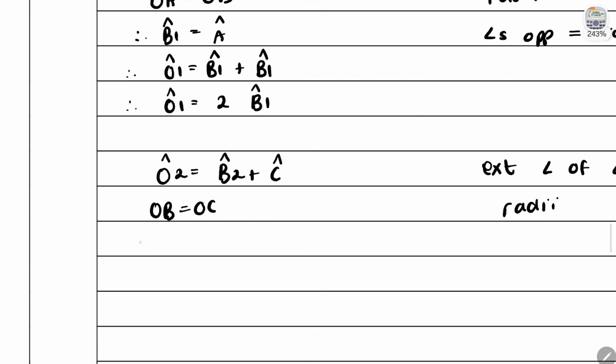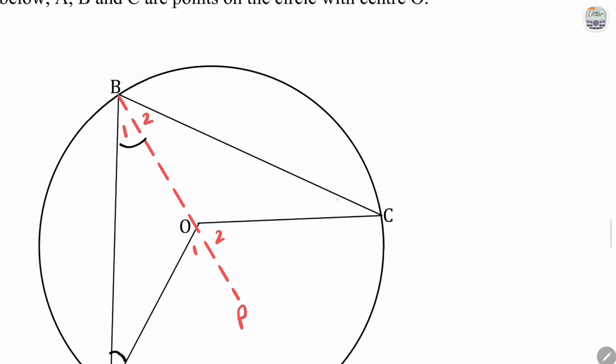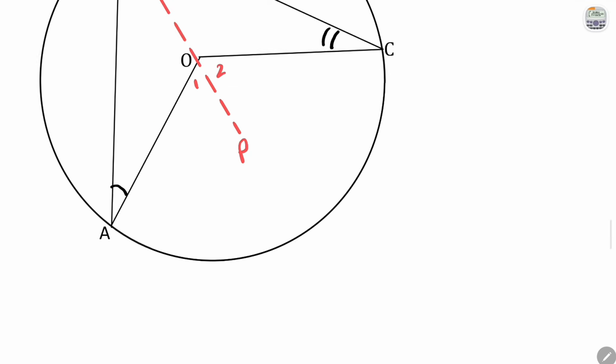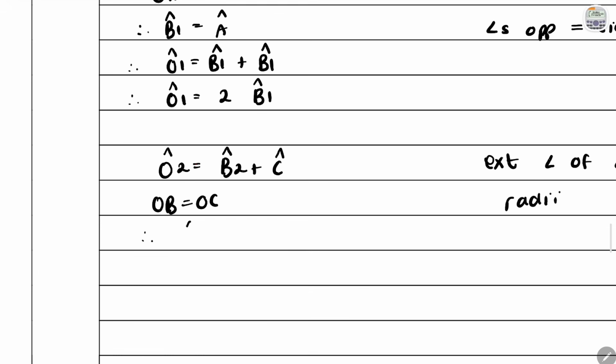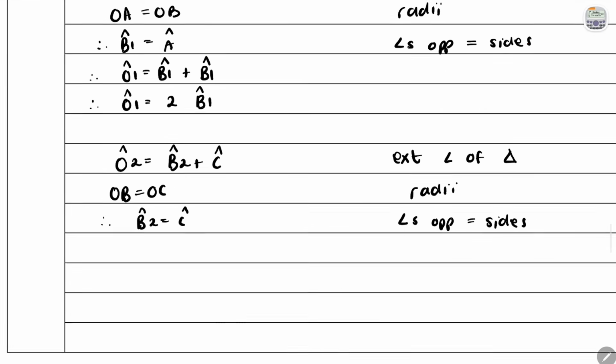And so because we have two of those sides being equal, we'll have two angles being equal, and that is angle C and angle B2 that are equal. So tell them that angle B2 is equal to angle C, and the reason is because we have angles opposite equal sides, okay, are equal.